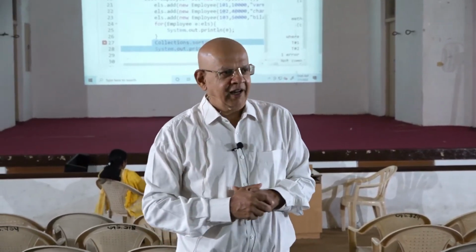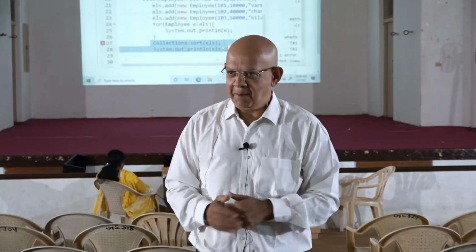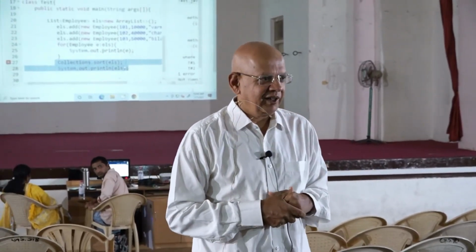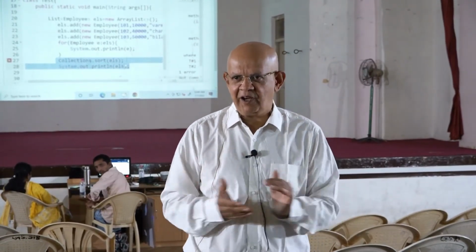Let me broaden the question a little more. If the salary happens to be the same, then how would you like the data to be sorted? Name. Age is not there. Name would be a good order, in ascending or lexical order of name, if salaries happen to be the same. Otherwise it is salary.